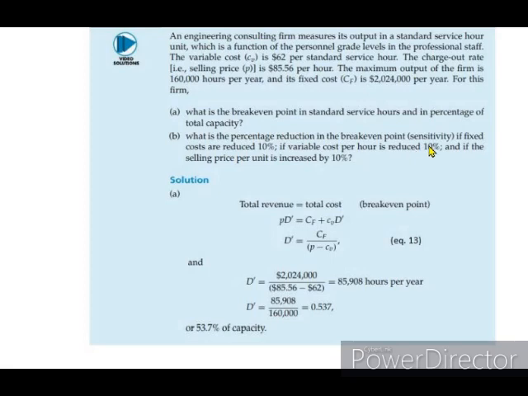Okay, so letter B: what is the percentage reduction in the break-even point? This is about sensitivity. If fixed costs are reduced by 10%, if variable cost per hour is reduced by 10%, and if the selling price per unit is increased by 10%, we will find the percentage reduction in break-even point.